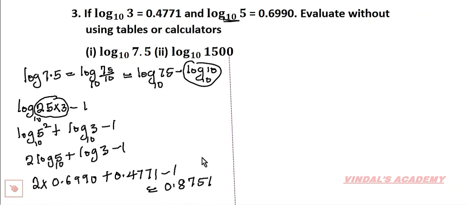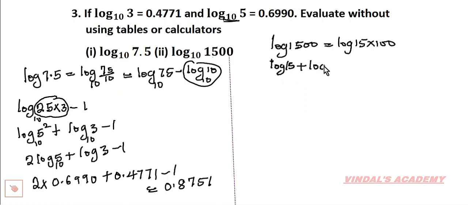All right, so let's go to the other one. Log 1500 is the same thing as saying log 15 times 100, and this is log 15 plus log 100, and remember they are all in base 10.